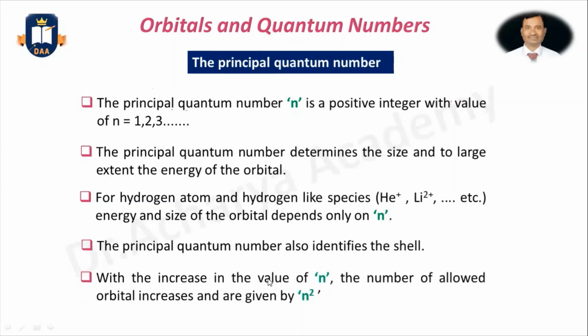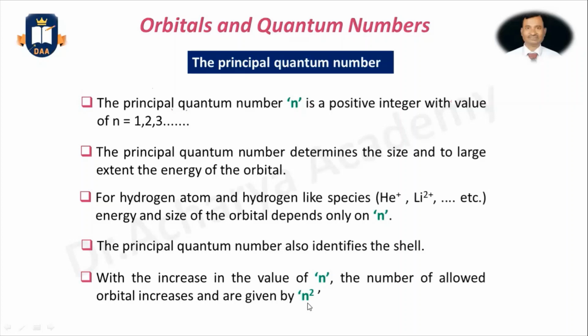So with the increase of the value of n, the number of allowed orbitals increases and is given by n square. That means for a particular value of the principal quantum number n, the number of orbitals is n square. When n is 1, n square is 1 square, that means 1.